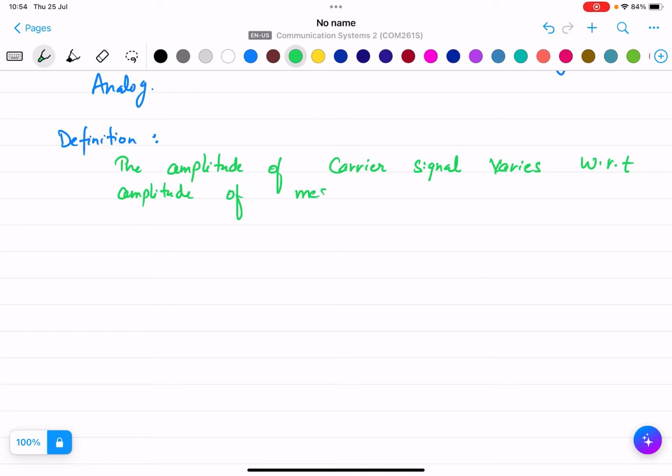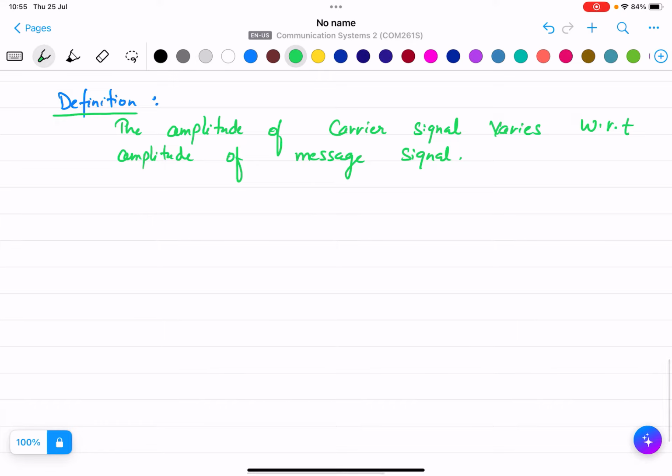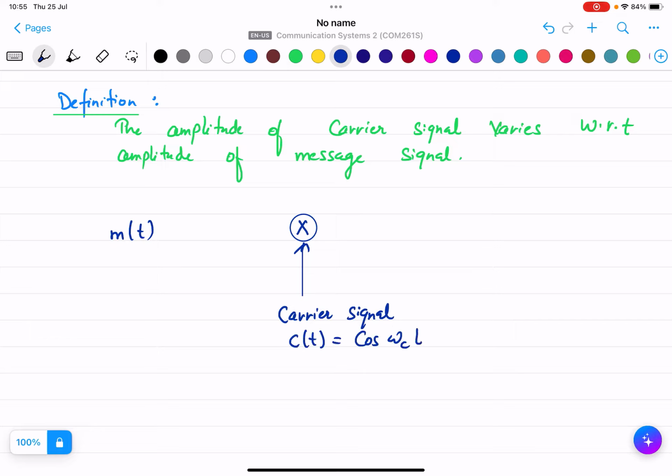So let us say this is my m(t). m(t) is your message signal. And this is the carrier signal, which is c(t) equals cos omega c t.